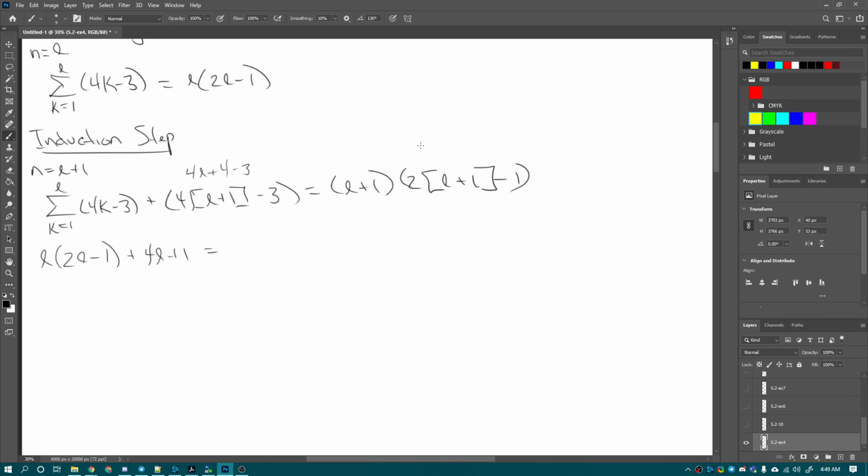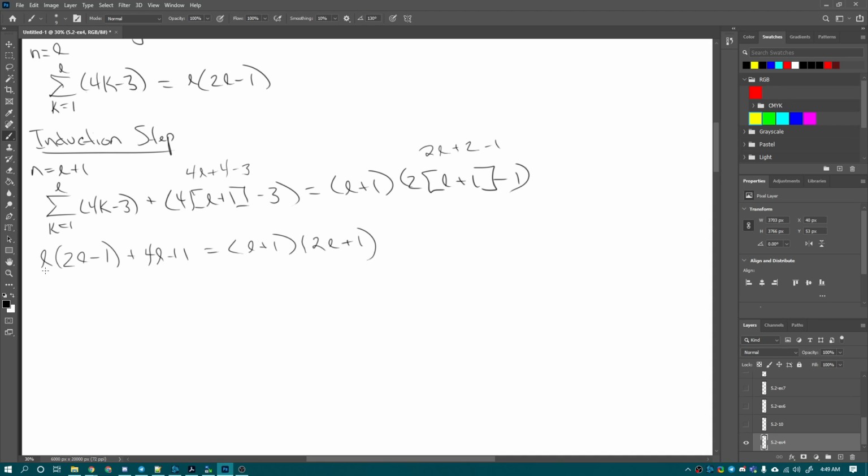And I'm going to distribute here. This is 2L plus 2 minus 1. So this is L plus 1 and 2L plus 1. At this point, the right side is as simplified as I'm going to get it, so I'm going to now leave it alone. All right.